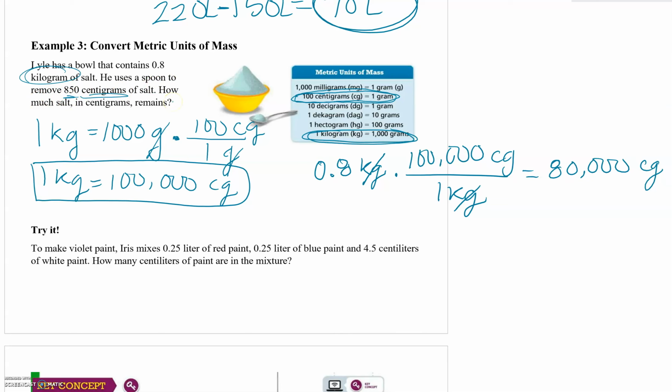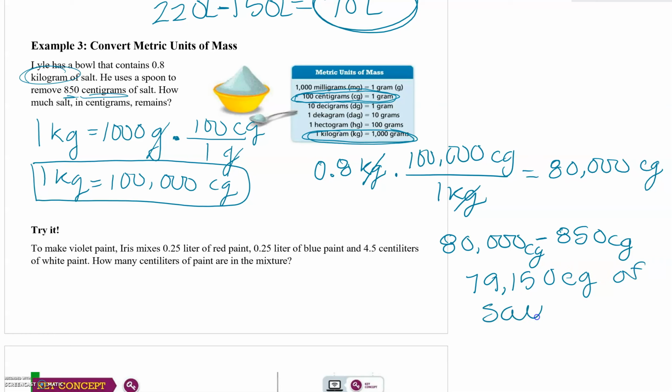how many are left. So I'm going to take my 80,000 minus that 850 centigrams to get 79,150 centigrams of salt left.